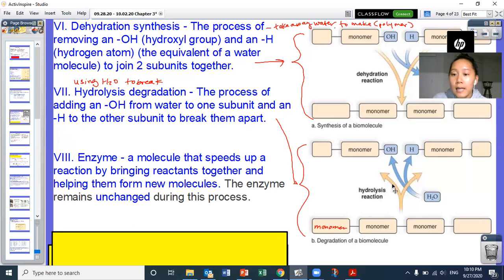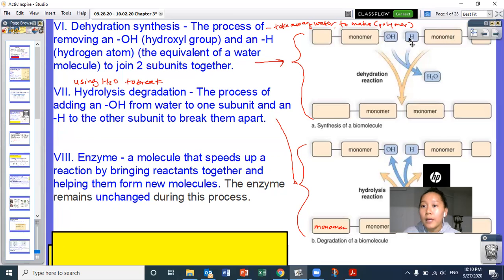So here, an enzyme would be speeding up the hydrolysis by bringing the water and breaking the water apart to help add them on. Or up here where you have the enzyme holding these in place so that the parts that are going to become water easily touch and break apart. And then the enzyme is also holding the monomers in place while the bond between them forms to make a polymer.